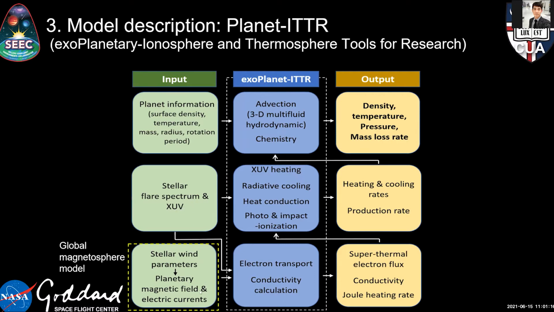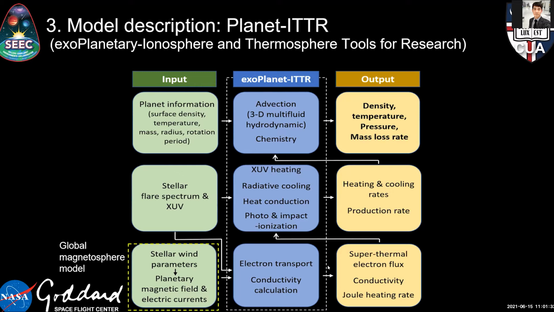Sometimes it also requires the stellar wind parameters, and the planetary magnetic field and electric currents to calculate the electron transport and conductivity, which should be provided by a global magnetic field model, for example, an MHD model.